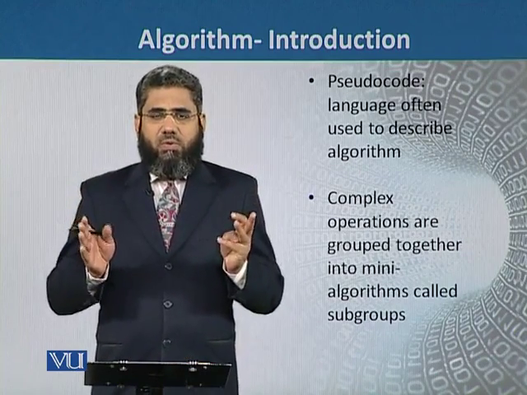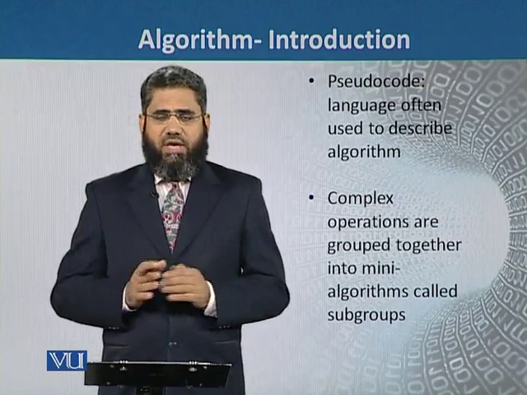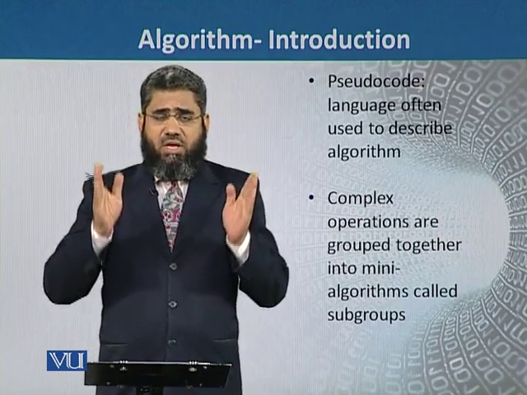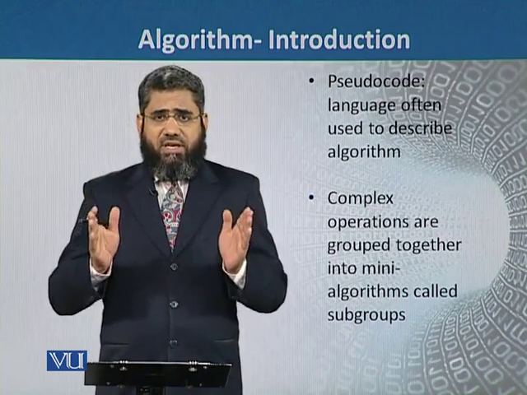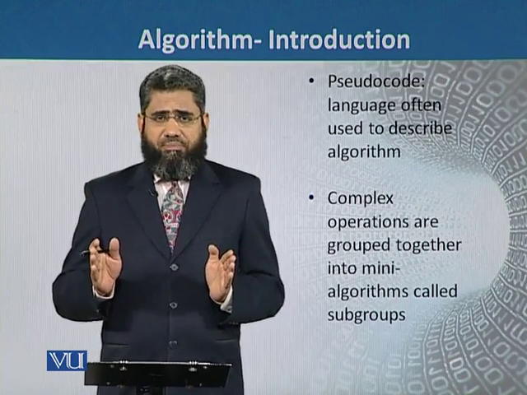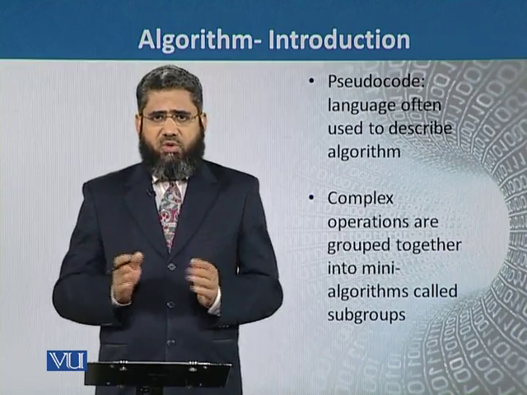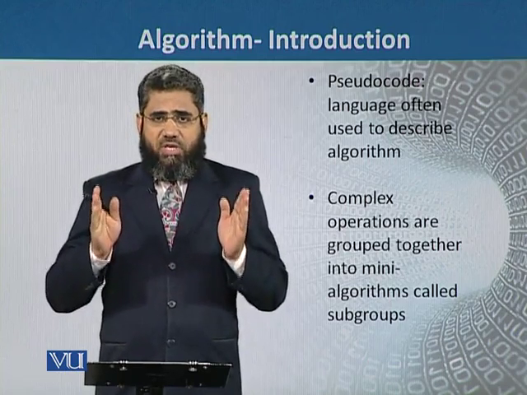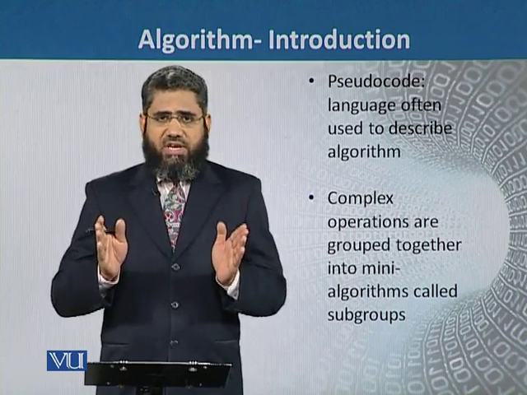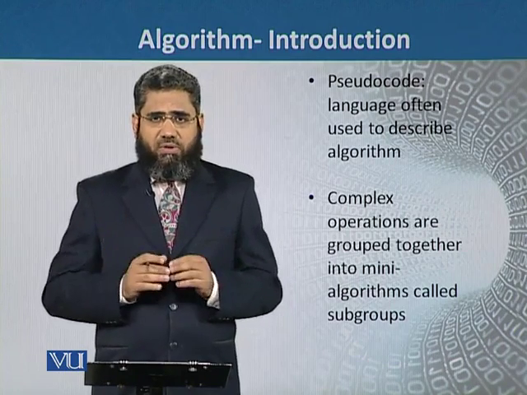In order to understand the functioning of an algorithm, we must know the method in which the algorithm is written. An algorithm is a set of instructions, and for writing the set of instructions, computer scientists use pseudocode.